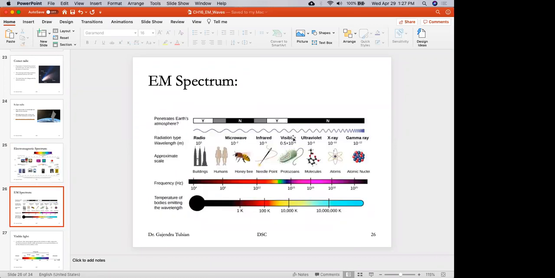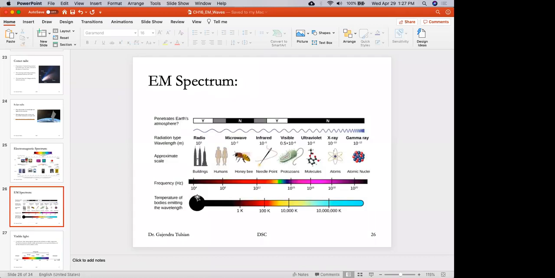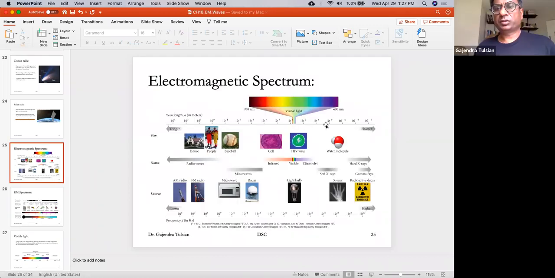So there's the visible band, and the wavelengths. Again, the wavelengths are shorter at that end. The blue end of the spectrum has shorter wavelength. The red end of the spectrum has larger wavelength.